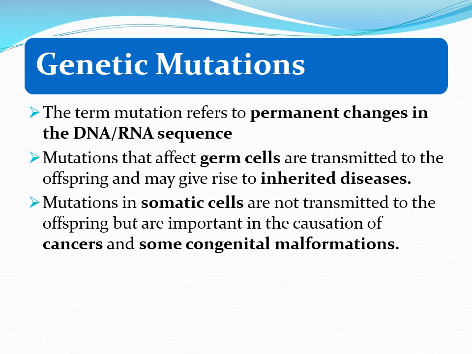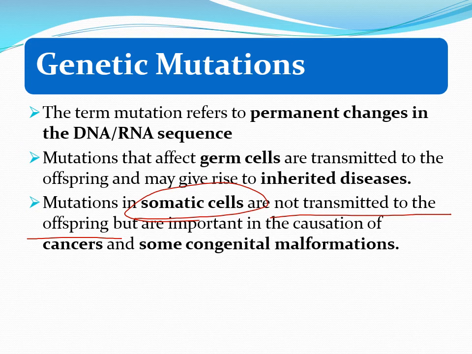While mutation in a somatic cell, these are cells which are not responsible for reproduction, cannot be transmitted to the offspring. Remember, for example, you have a mutation in a cell which is responsible maybe for skin formation.